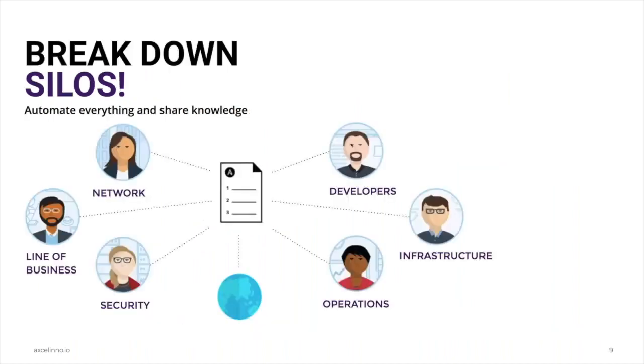So let's break those silos down. As I said, everybody contributes, everybody collaborates. This is across business units, this is across different groups, either within the business units or across all the business units, whatever it may be. Everybody has their key focus area, but everybody automates together and shares and learns and experiences what other people have done, but also doesn't reinvent the wheel.